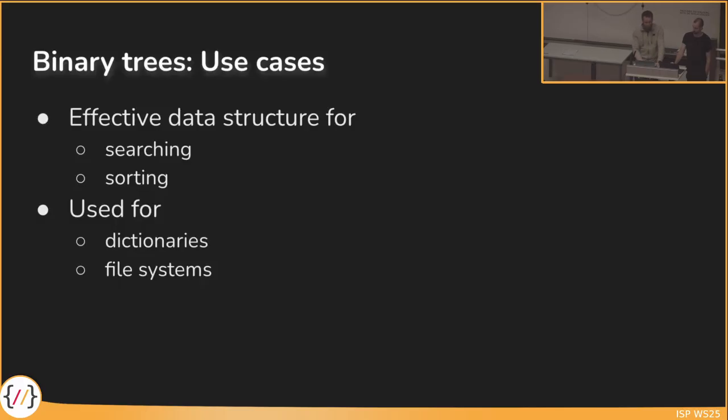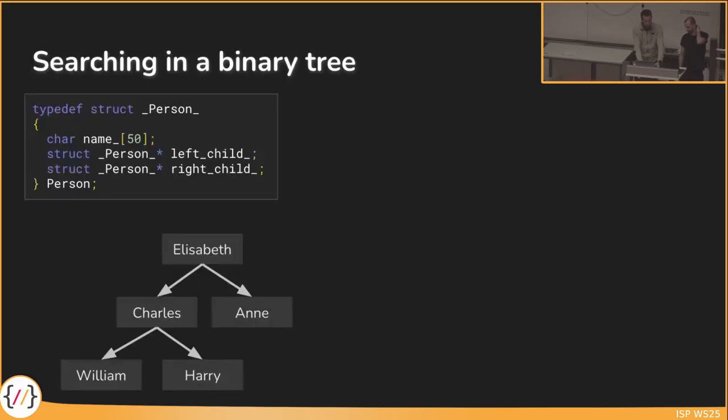This is also used for having effective data structures sorted by their values so that we can effectively search, for example, or sort data within this tree. There are also use cases, for example, in dictionaries or file systems where you can use such binary trees. Now, let's have a look at the implementation of the previous example that we've seen in the visualization, with those 5 persons that are linked in this binary tree.